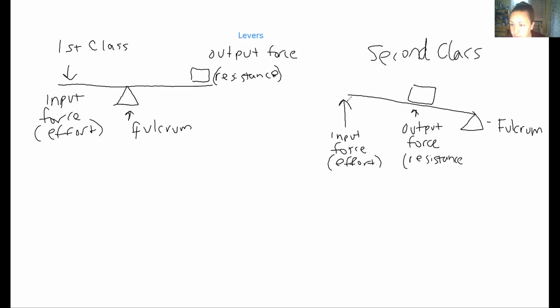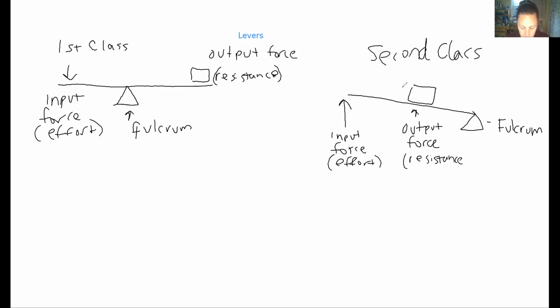Okay. So you can see the difference in how it looks between picture and picture. So this one you're pushing down in order to lift something up on the other side. On this one, your weight is in the middle, your pivot point is down here, and you're lifting up in order to push something along.